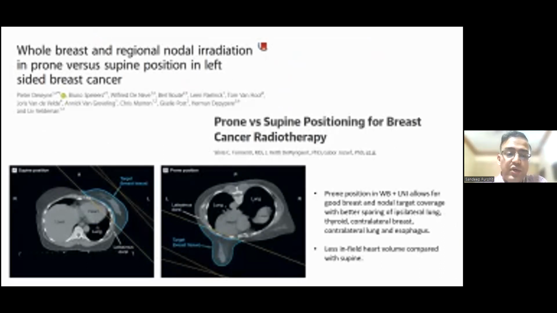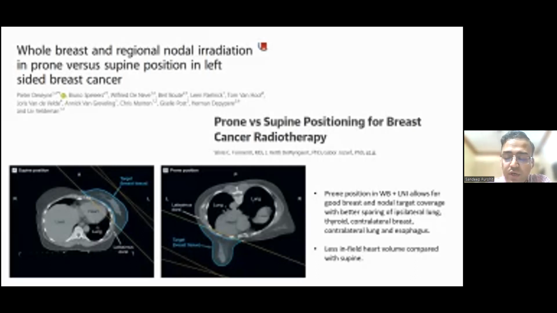As we can see in figure A, when the patient is supine, when we are giving the medial and lateral tangential beams, it is including almost around 20% of the heart in the beam. Because it is a bulky patient, the lateral margin would be more.